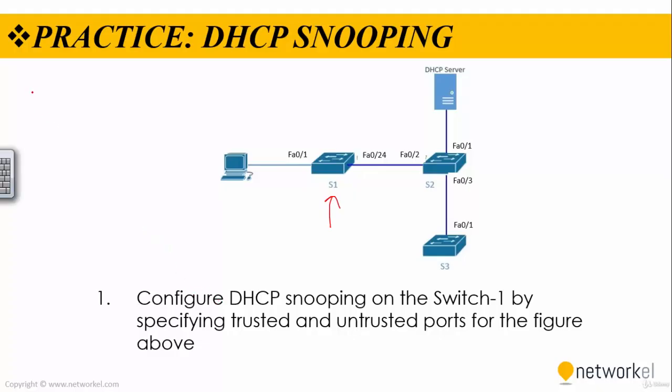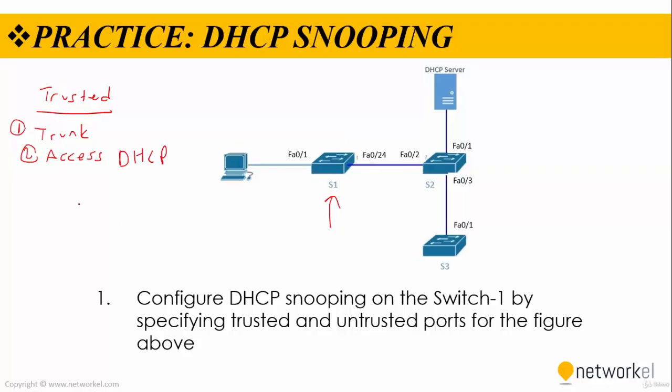If you remember from our DHCP snooping lesson, the trusted ports are the trunk ports of the switch first, and the access port that the DHCP server is connected to will be a trusted port as well. And secondly, any other ports would be untrusted ports.